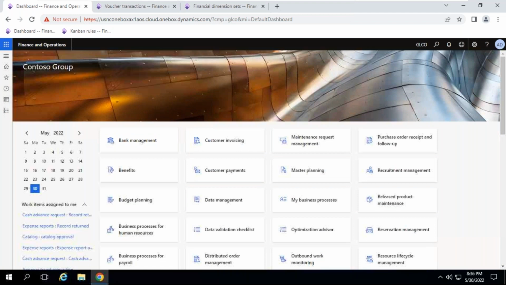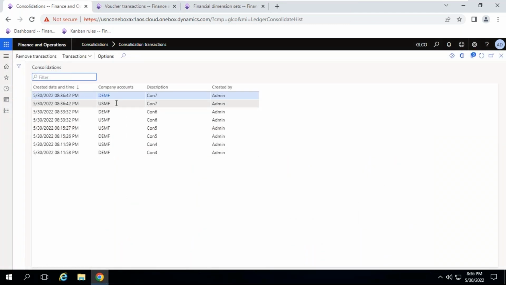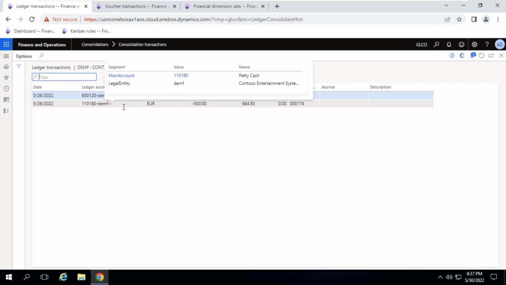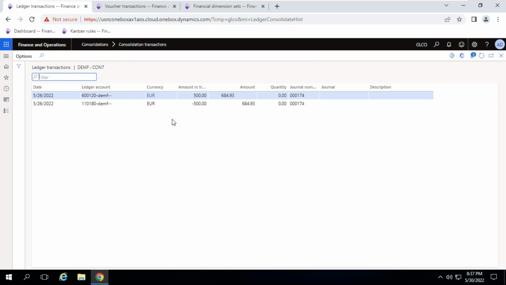So now in the consolidation transaction, let me see in the DMF company, it should show at least 2 transactions. I mean, it's 4 lines. It's showing only 2 lines. Why? One more transaction also should show. Okay, only one.